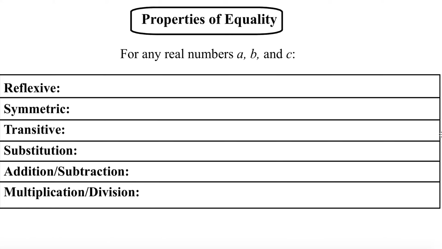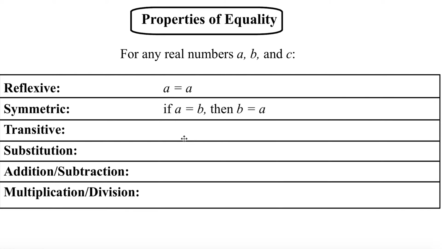So the properties of equality that we'll be talking about, and these are kind of obvious in a way, so don't think too deeply about this. The reflexive property of equality basically just said any number is equal to itself. The symmetric property of equality says that if you have A equal to B, that's the same as B equal to A. There's a symmetry about that.